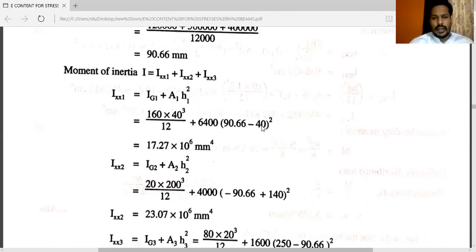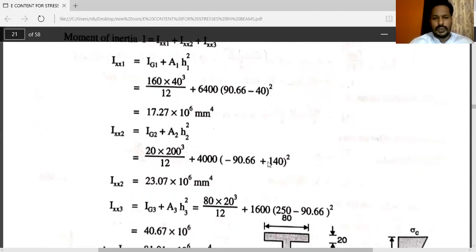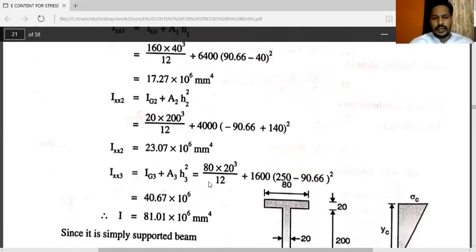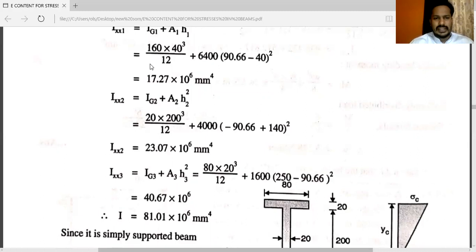That difference between y bar and y is H1, used while calculating Ixx. Similarly, you will get H2, the difference between y bar and y for the second rectangle. For the third rectangle, H3 will be the difference between y bar and y. And the formula is the same.